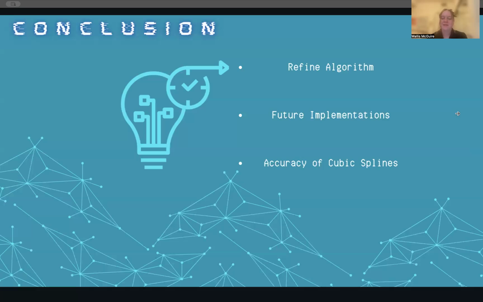But that is something that I could try and implement in the future, especially with the image processing, using eigenvectors and eigenfaces to make the processing a little bit better and map out the face a little bit better. That would definitely make the accuracy of the cubic splines increase even tenfold.